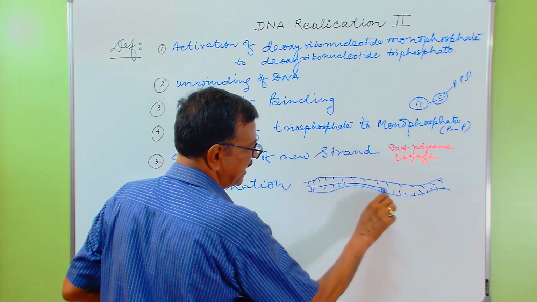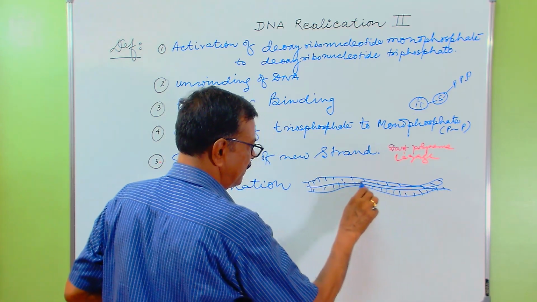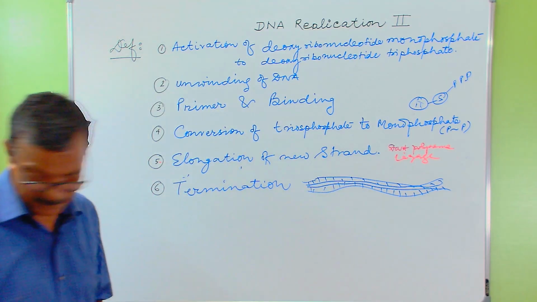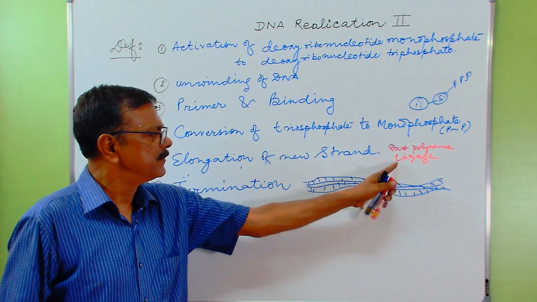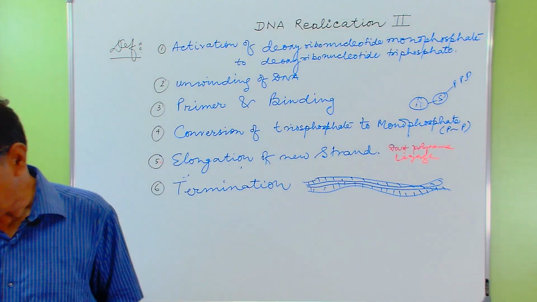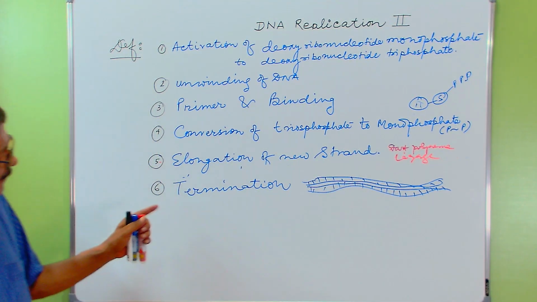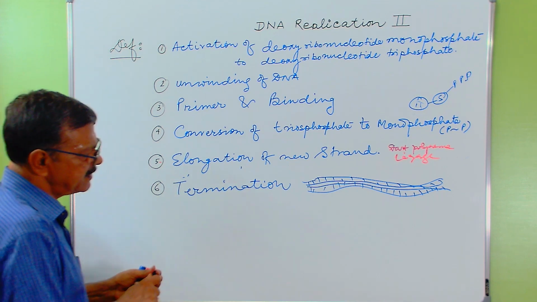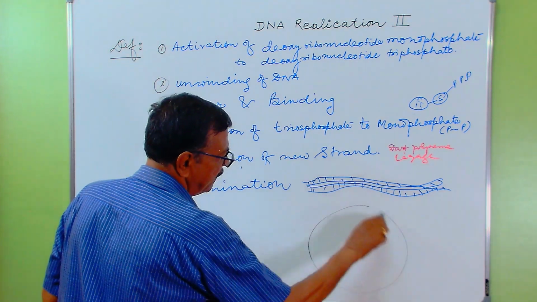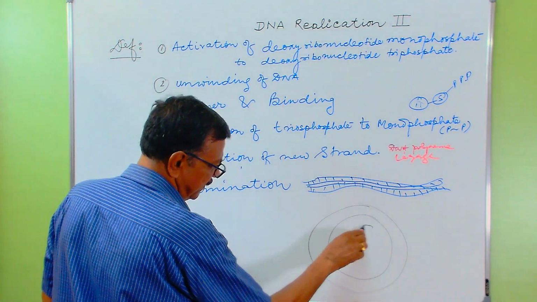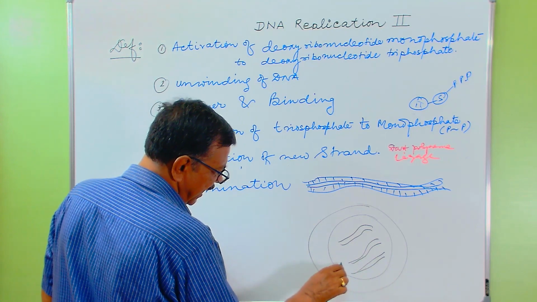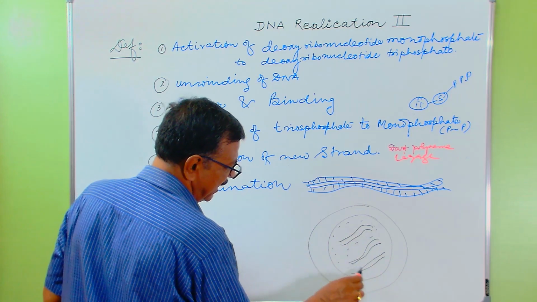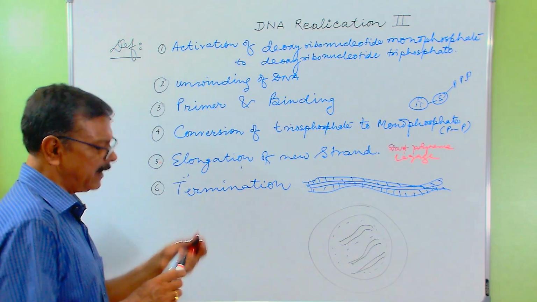Even if it terminates, the replication part is not over. How? Because the nicks are joined by ligases and others, but it is still not over, because in the cell, in the nucleus, when these are duplicated, there remain so many RNA primers.